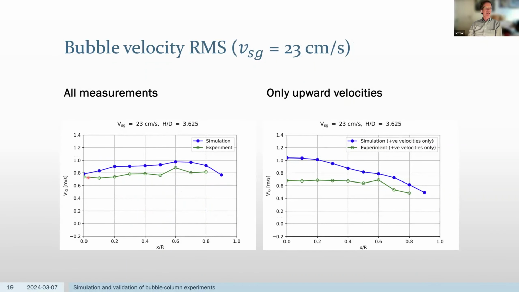Experimentally they find it to be about 0.8, and we're slightly larger, above 0.8, but it's the same type of agreement with nearly constant values. And likewise for the upward velocity, we have a few more than the probe allows, since the probe wasn't measuring near zero. So the trends are quite similar.